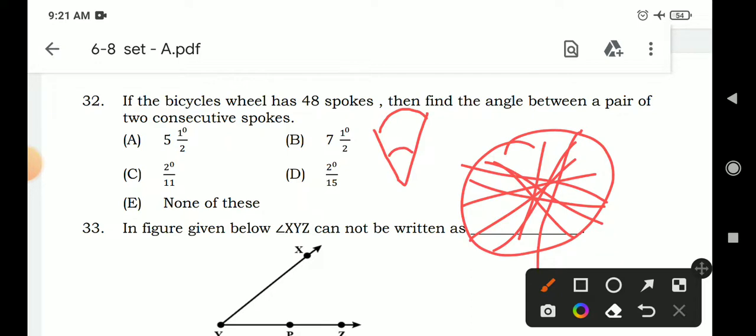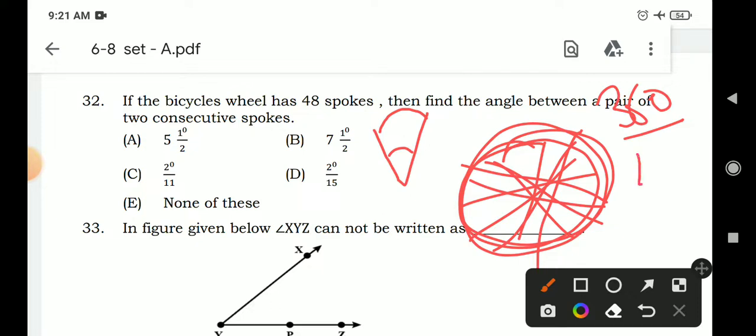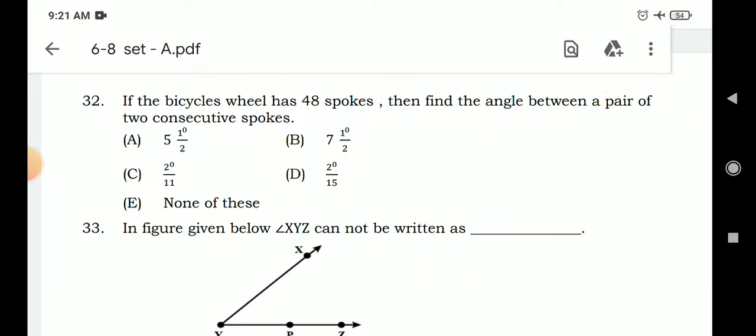So beta, you know the complete angle is 360 degrees. So divide the 360 into 48 equal parts. After dividing it, what will you get here? 15 by 2. And 15 by 2, what will you get? 7 1 by 2 degrees. So the correct answer is option B.